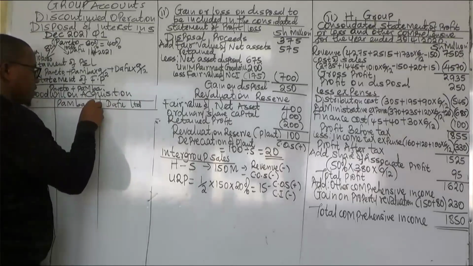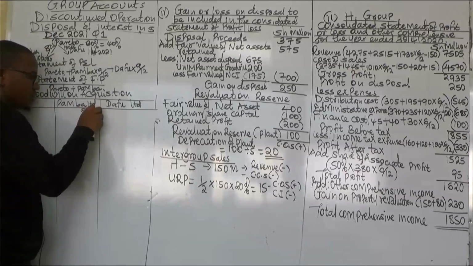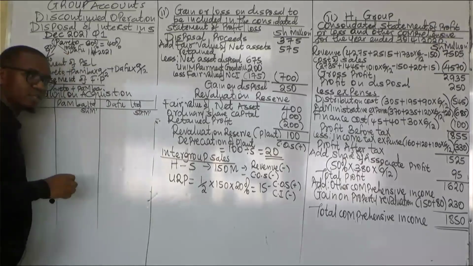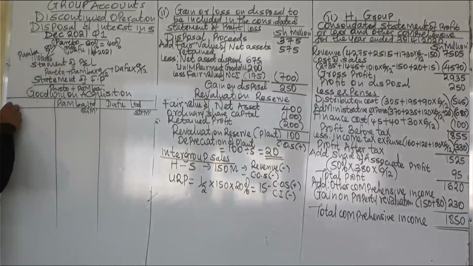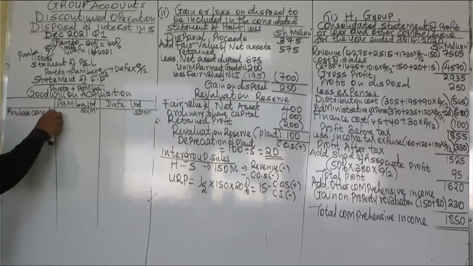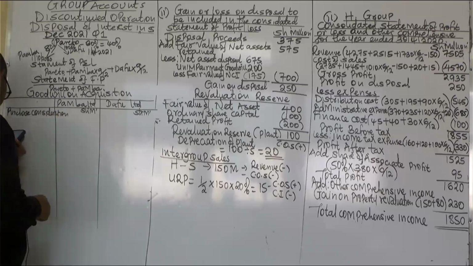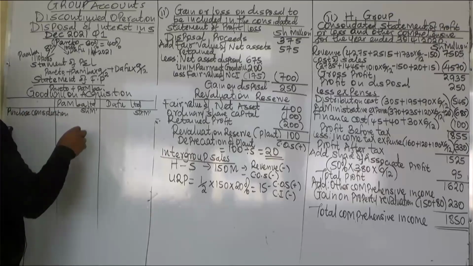So shillings here I'll use in millions. So we begin with the purchase consideration. Purchase consideration for Pamba Limited was of how much? He acquired it at 3,500.